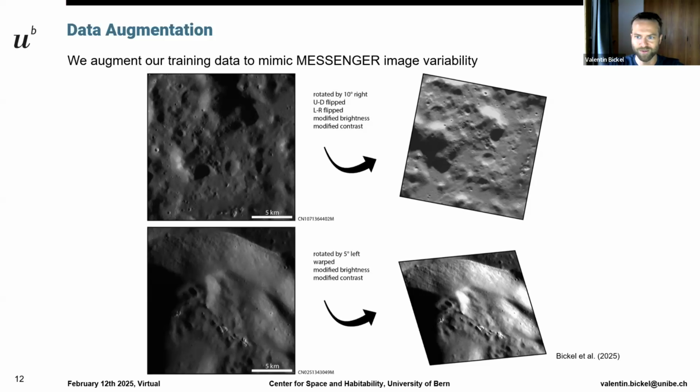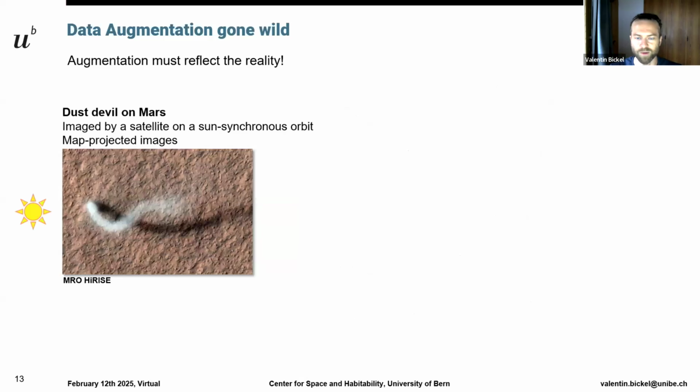Of course, as you certainly can imagine, we have to be careful with our augmentation. We can't go entirely wild, because there might be environmental or physical constraints to how our target can look like. So augmentation must always reflect the reality. This example is actually from Mars. This is a dust devil on Mars, acquired by the HiRISE camera on MRO.